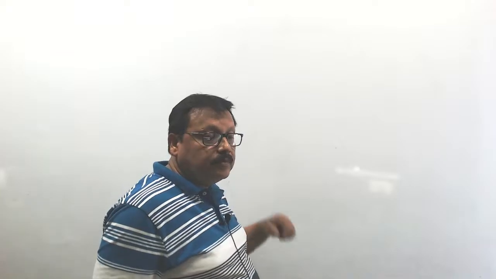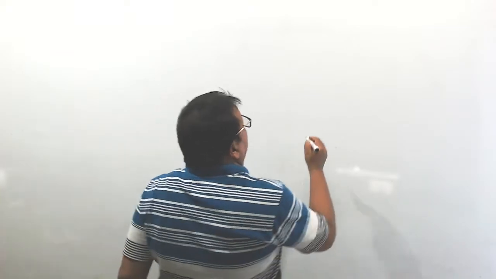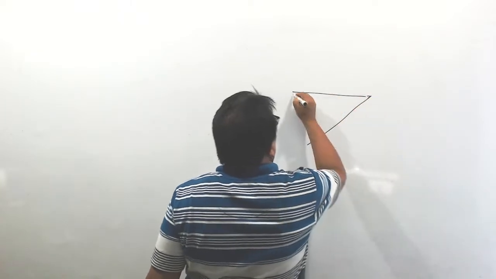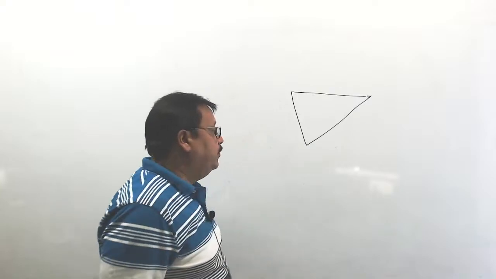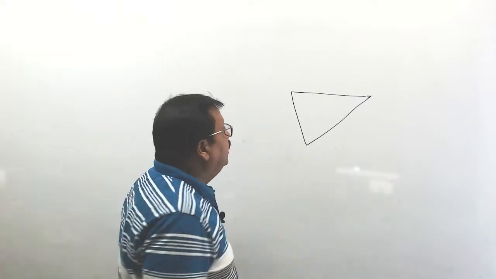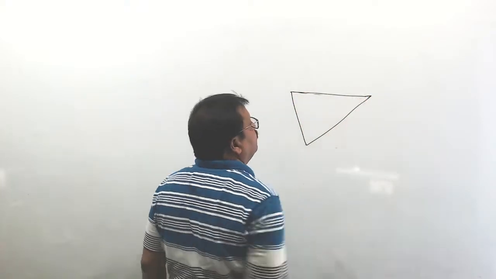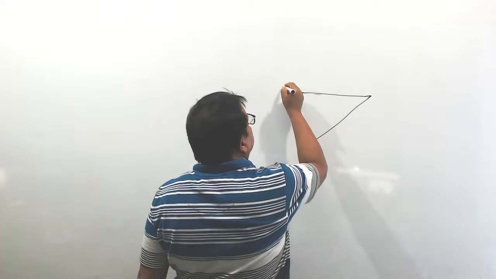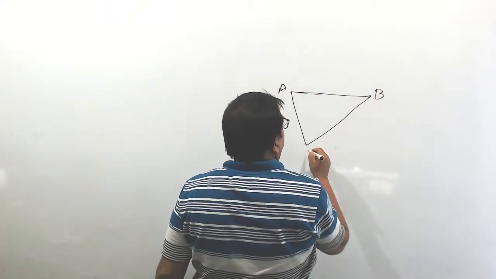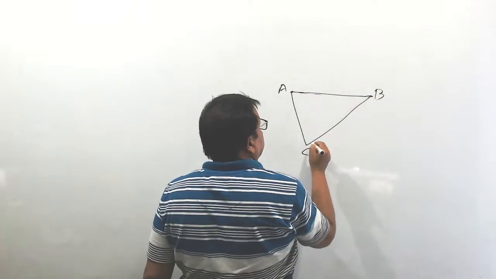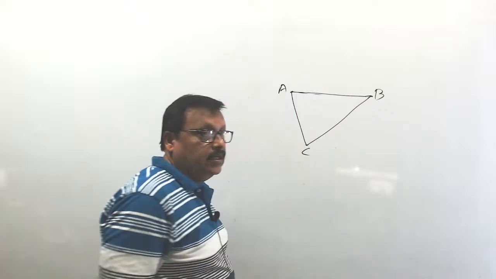Line segments. These are all line segments. There is a plane figure. Plane figure means this board, say, bounded by this bounded region, closed region, by three line segments, say A, B, C. These are the points of intersection of two lines.